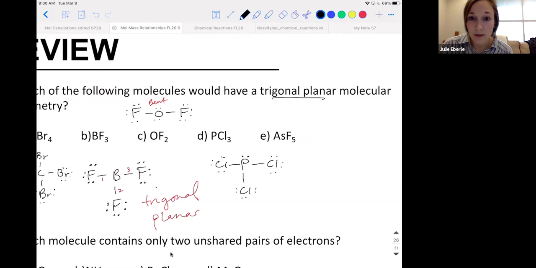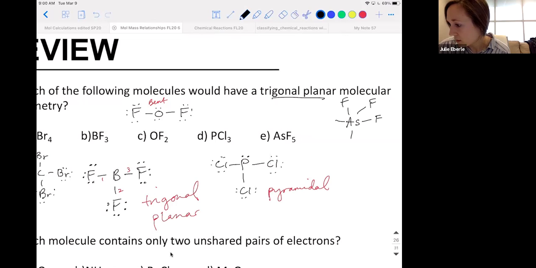So this one's actually pyramidal: 3 bonds and a lone pair means 4 charge clouds. And then AsF5 has 5 fluorines, which should all have lone pairs, but that is definitely not trigonal planar.